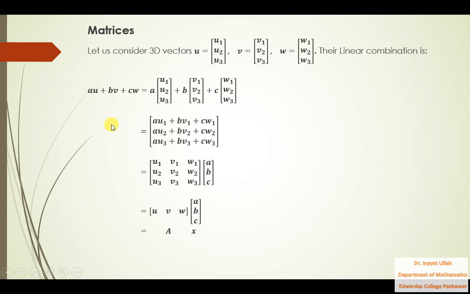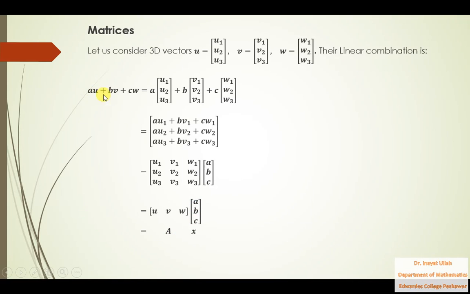So you see that the linear combination of three vectors u, v, and w is written in the form of matrix times vector. This is a column vector.